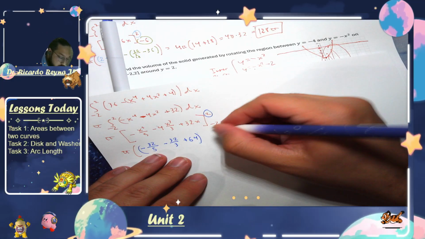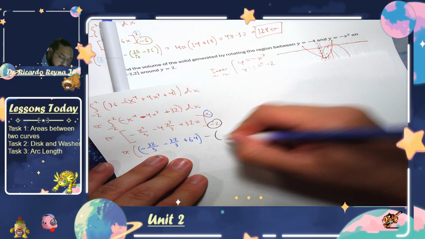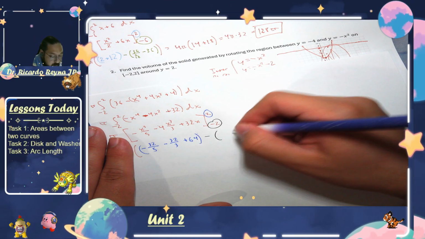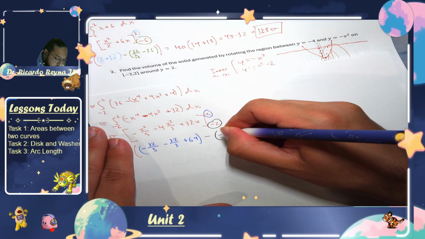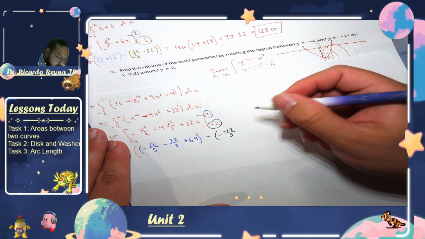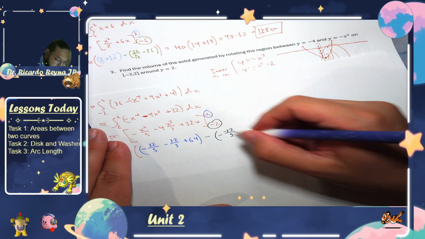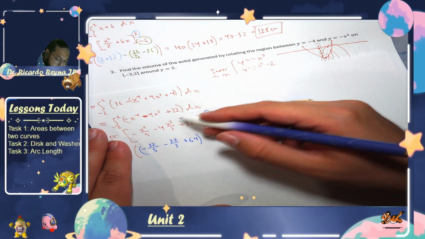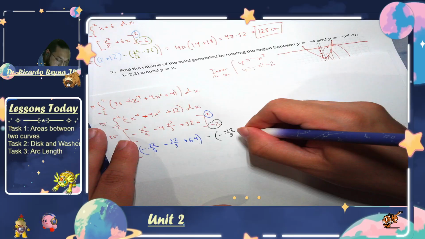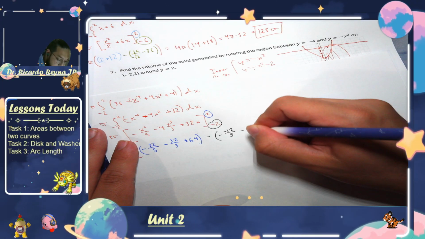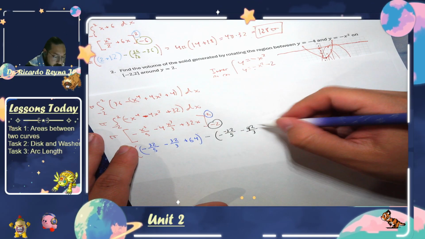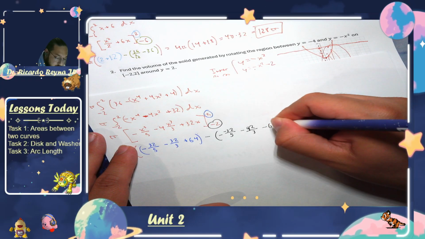And then over here, we got minus, parentheses, 2 to the power of 5 will be a negative 32. So we have a negative 32 over 5. And then we have similar vibe here where that's going to be 32 as well, but the negative exists. So we'll have a negative 32 over 3. And then we see that's going to be minus 64.